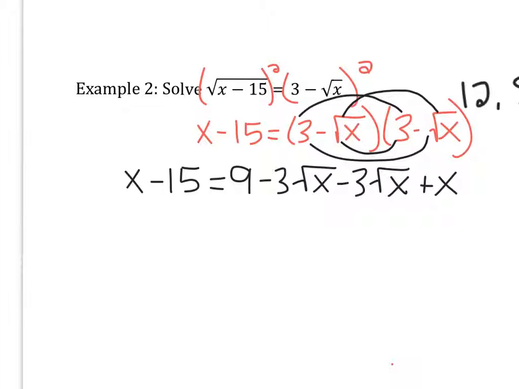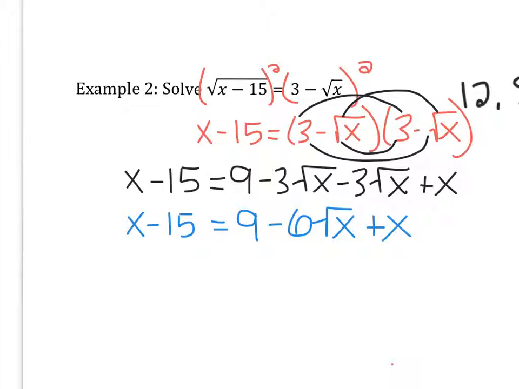Now let's add our like terms. So we have x minus 15 on the left side. We have 9. Then negative 3 square root of x minus 3 square root of x. Those are like terms. It'll give us negative 6 square root of x plus x.